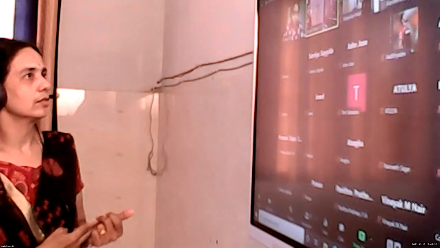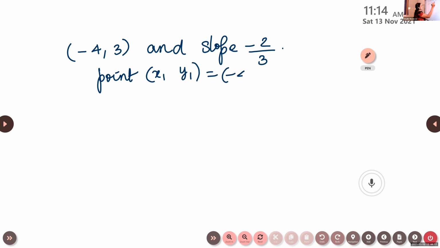One point and one slope means point-slope form. So we can take the point as x1, y1 equal to minus 4, 3, and we take the slope as m, which is minus 2 by 3.